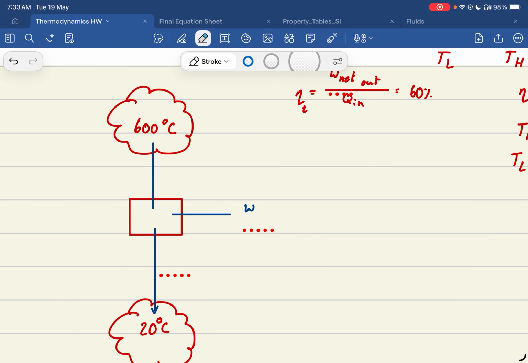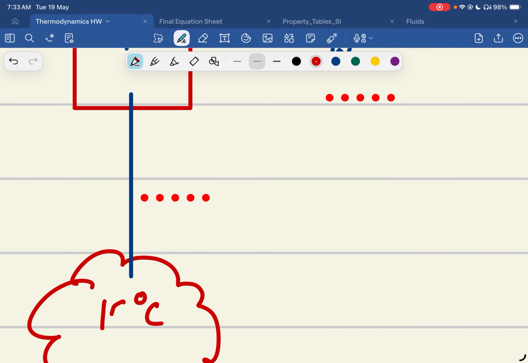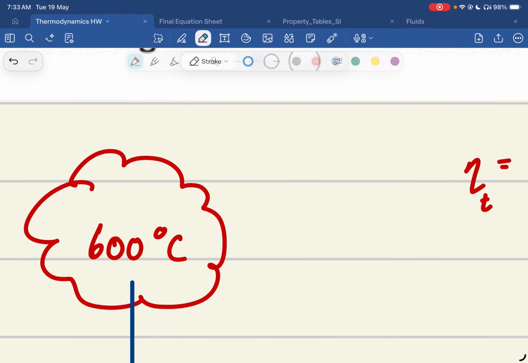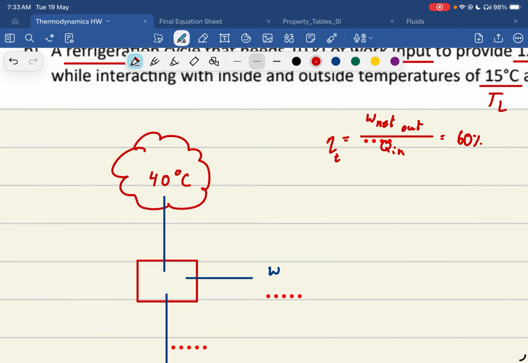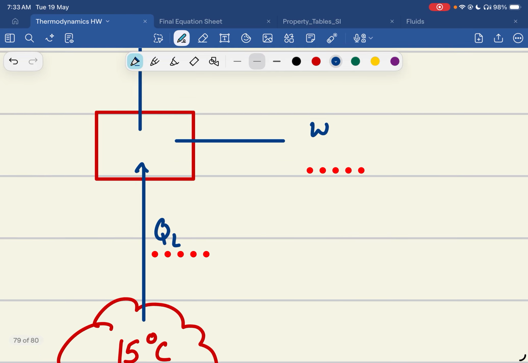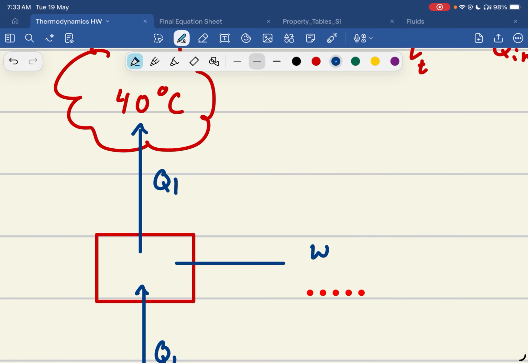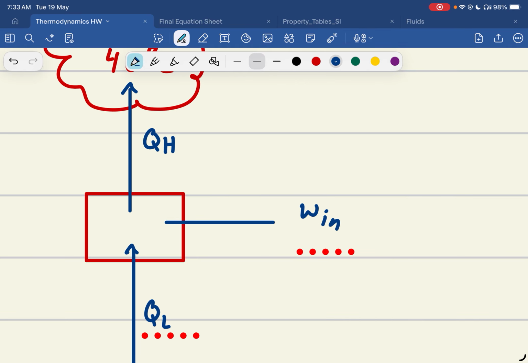So we just change the degrees. This is 15 now, and this is 40. And it goes from the QL, and it goes to QH, and this is work in.